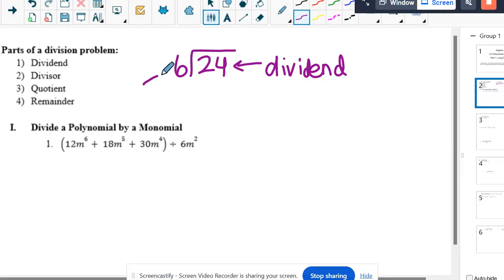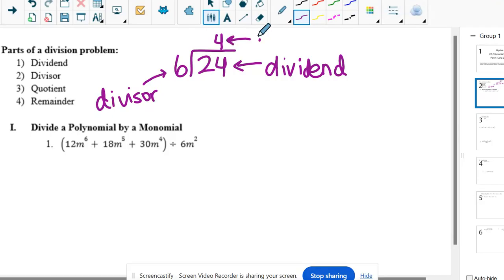The 6, you know what the 6 is called? The divisor, what you are dividing by. The answer, for here it's 4, is called what? Quotient. And if there's a remainder, then it would be the remainder.